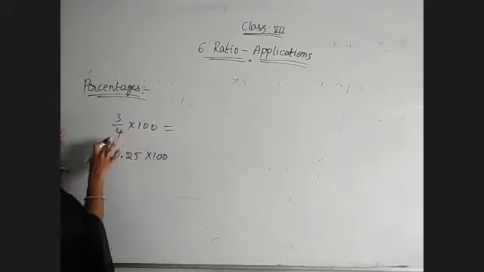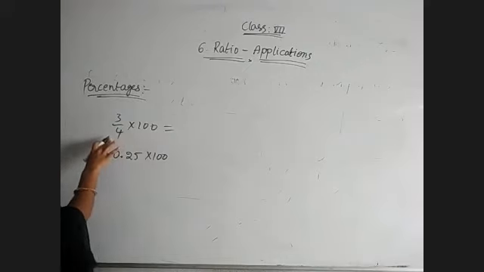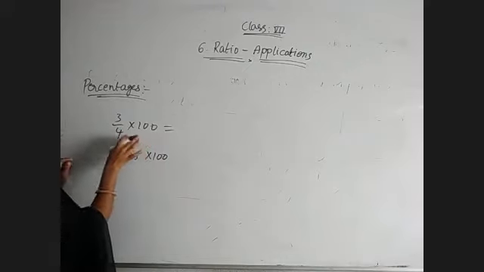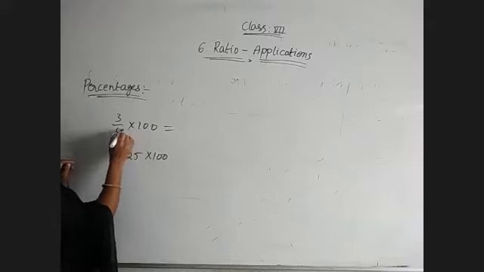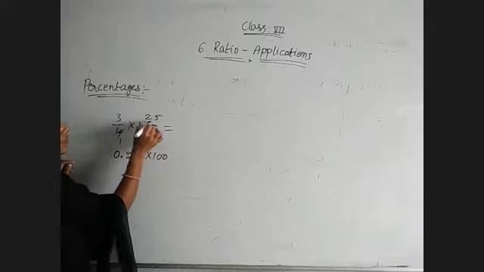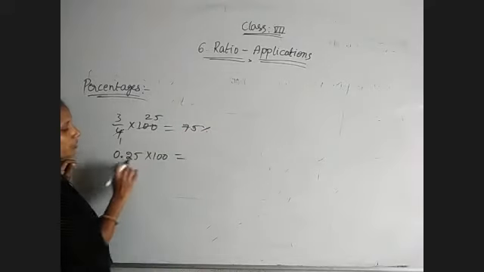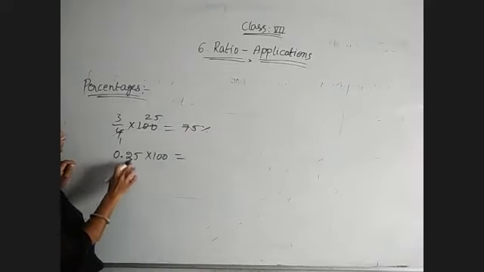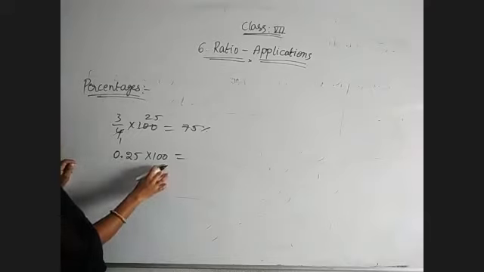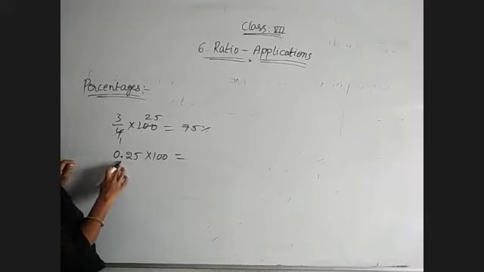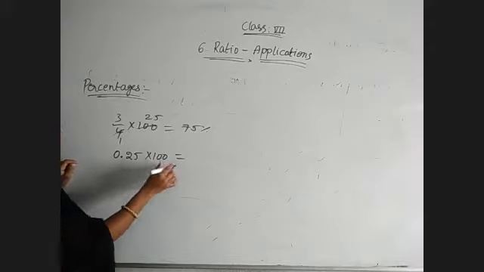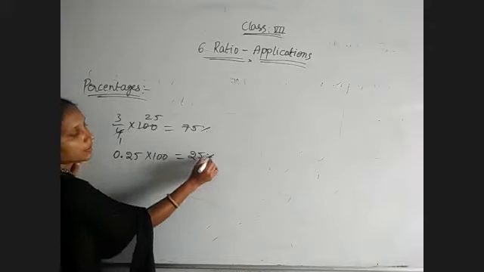So 3 by 4 is a fractional number, and converting into percentage by multiplying with 100, what will I get? 4 ones are 4, 4 twenty-fives are 100, 25 threes is 75%. And 0.25 is a decimal number. So 2 decimal digits and 2 zeros will get cancelled, because 0.25 is nothing but 25 by 100 in fractional form. 100 will get cancelled, which is equal to 25%.